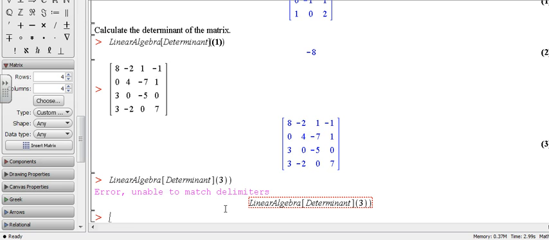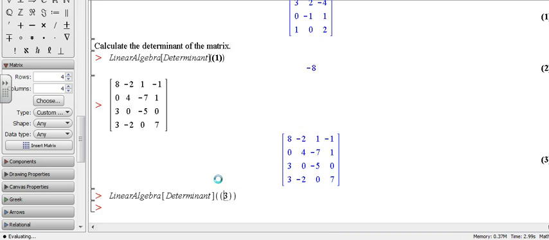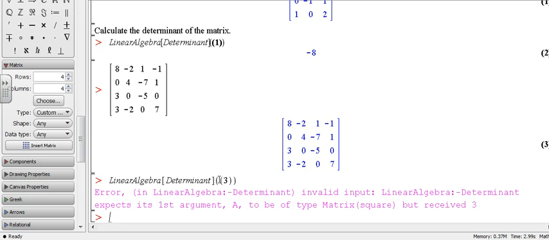I'm missing a parentheses. Well, isn't that special?